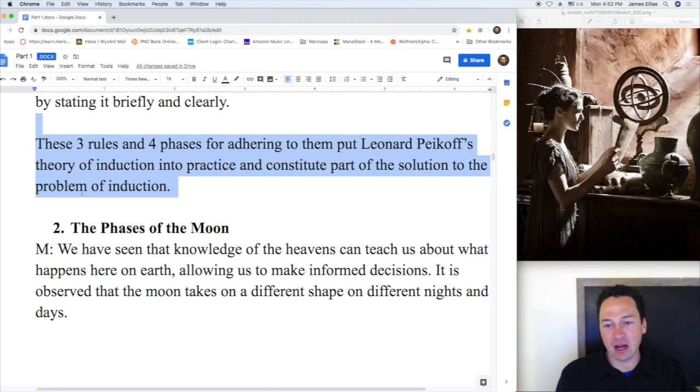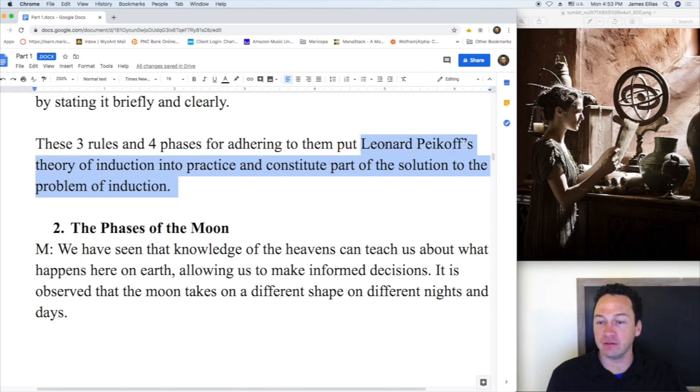And I already said this, but I'll say once again, these three rules of induction I've given, and the four phases for adhering to them, are part of Leonard Peikoff's theory of induction. I'm trying to put that part of Leonard Peikoff's theory of induction into practice.